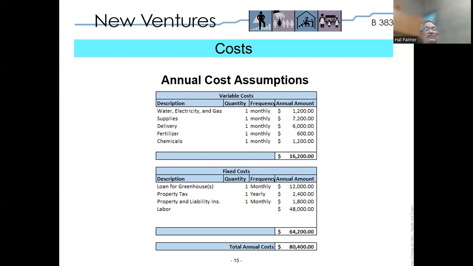And the fixed costs that we have would be like to service a loan, property tax, property liability insurance, labor, etc. And this will come to a yearly amount of $64,000, or an annual total of $80,000 roughly.